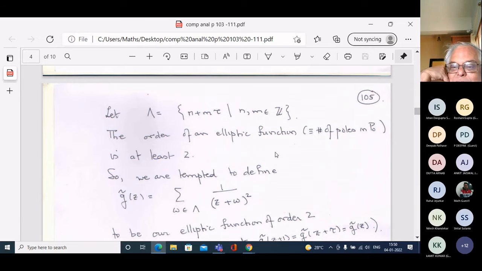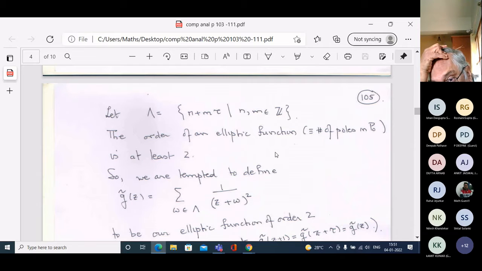This is a good exercise to do. I have not written that down. I should have written it down. So the exercise is: the sum over (n, m) not equal to (0, 0), obviously you don't want a 1 over 0, of 1 over mod n plus mod m, squared.